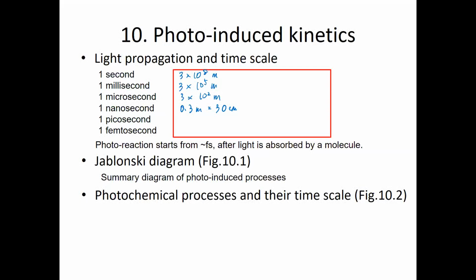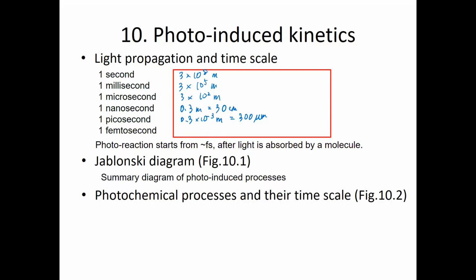And in 1 picosecond, it's 0.3 times 10 to the minus 3 meter, which is equal to 300 micron. So it's quite tiny, but you still can recognize the distance, right? It's less than 1 millimeter.